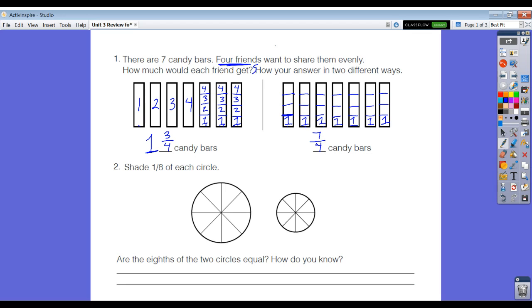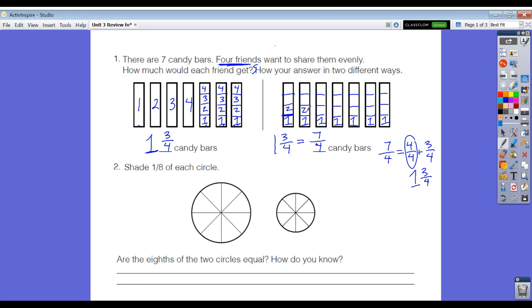of the candy bar. And that works out well because we know that 7/4 would be the same, right, as 4/4 plus 3 more fourths. Or in other words, this has 1 whole and 3 more fourths. So you could write that as 7/4, or you could say equals 1 3/4, but this was another way to show it.